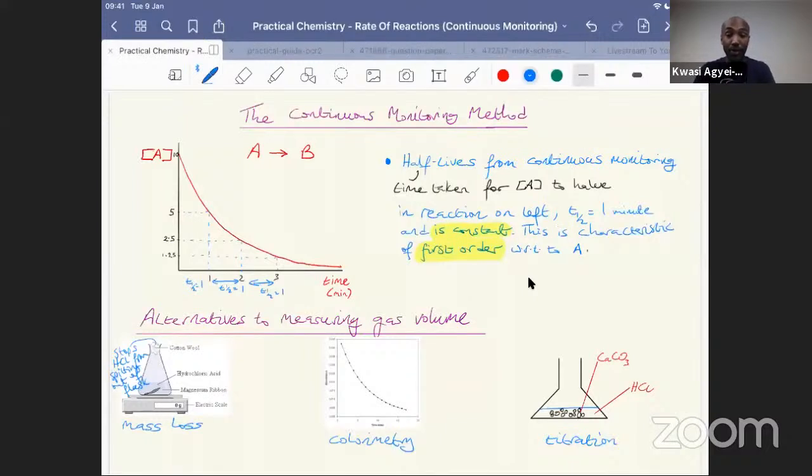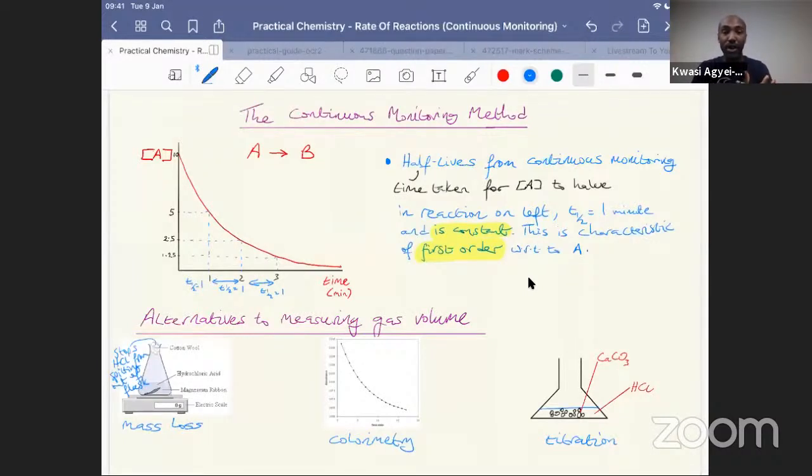Another way of continuously monitoring the rate of a reaction would be to use colorimetry. Now, you can't use colorimetry if there isn't a significant change in color from your reactant to product. So think about the test for unsaturation where you're using bromine water.